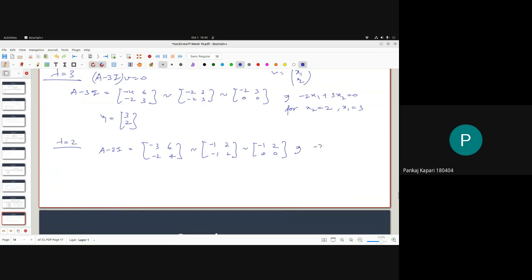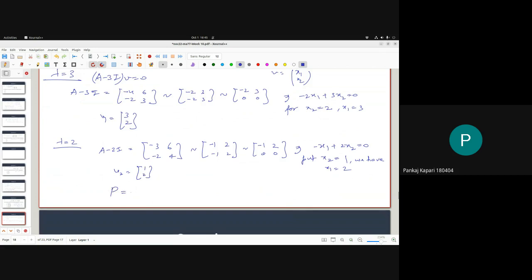That means minus x1 plus twice x2 must be 0. Put x2 equal to 1, and we have x1 equal to 2. So the second vector is 2, 1.